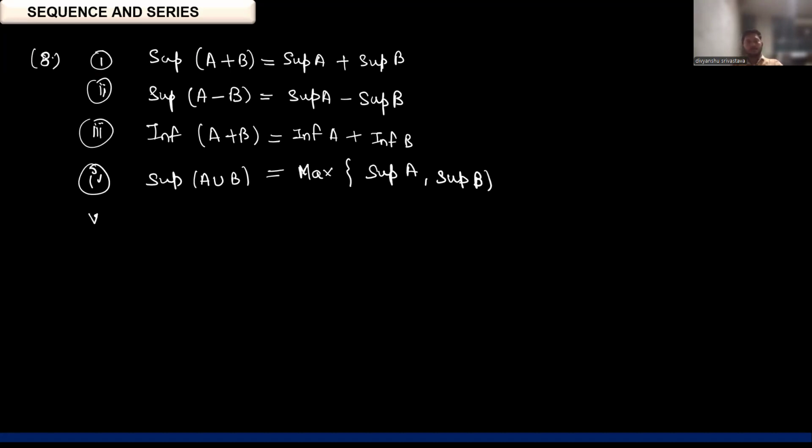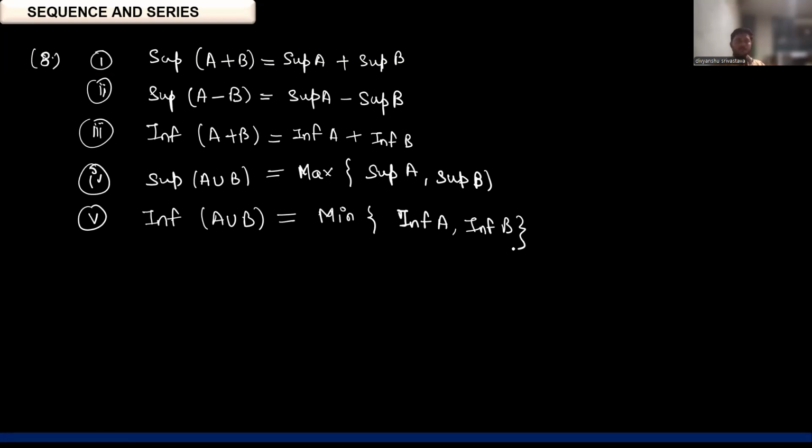And fifth point: infimum of A union B is equal to min of infimum of A and infimum of B. So you are getting my point.